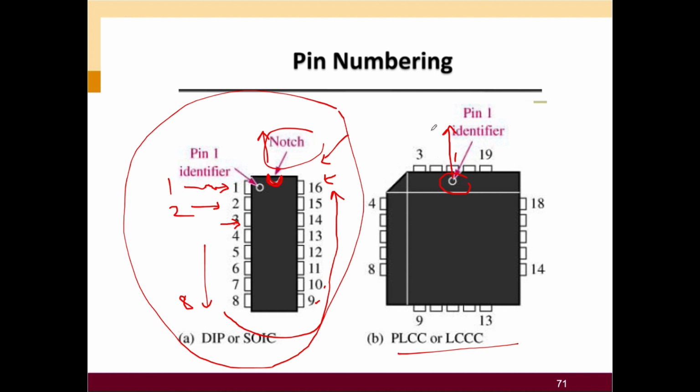Then how the numbering moves is counterclockwise, which does not follow the clock sequence, but is counter. So 1, 2, 3, 4, 5, and then it moves over here 6, 7, 8, 9, 10, 11, 12.